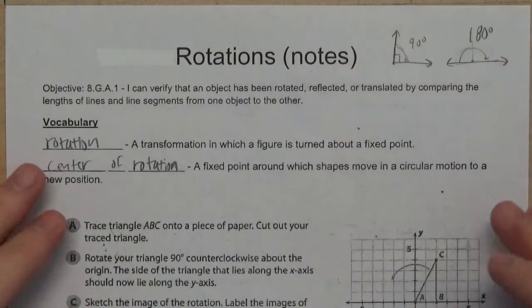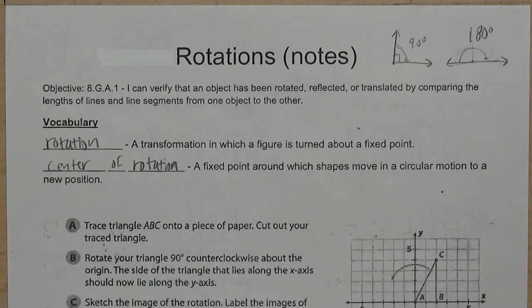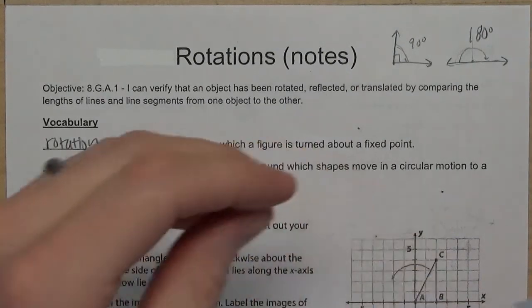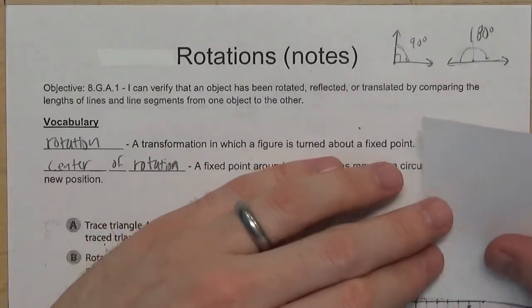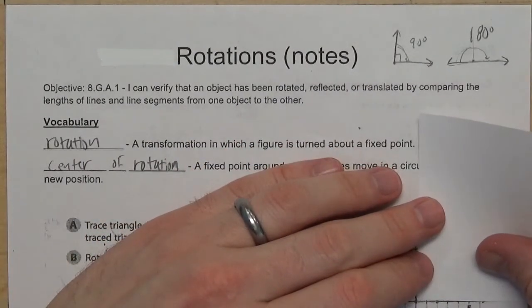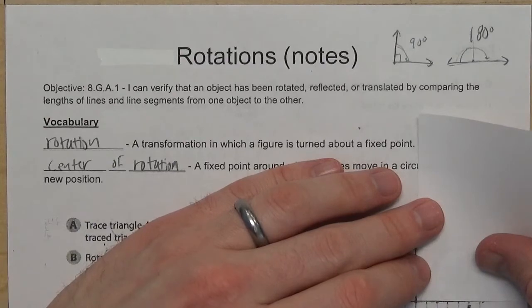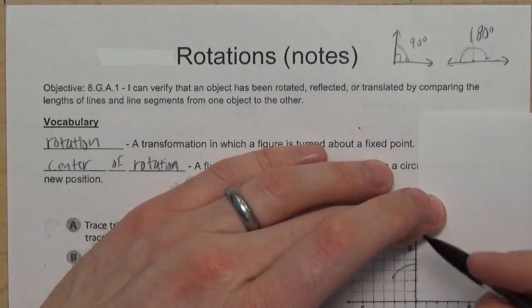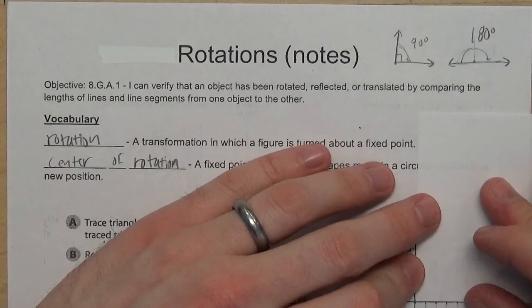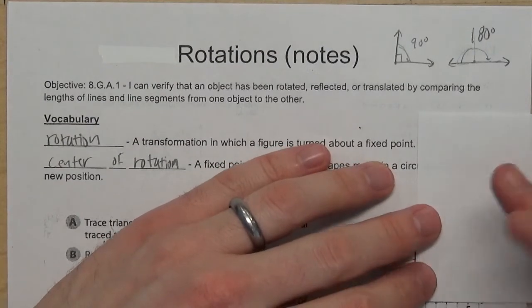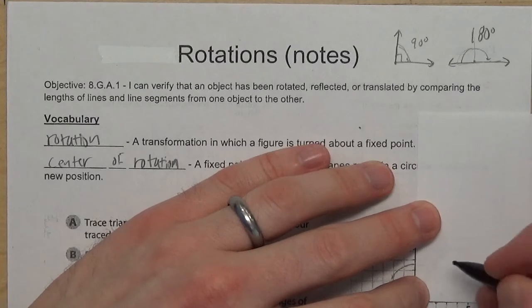So that's going to be important for us to know as we work with these rotations today. All right, this says trace triangle ABC onto a piece of paper and cut out your traced triangle. So I would like you to go ahead and line up one corner of the paper with the origin right there, with an edge that matches up with the y-axis and an edge that matches up with the x-axis. That's going to make things a little bit easier because we're going to use this piece of paper for something else, so I don't want you to completely ruin it.